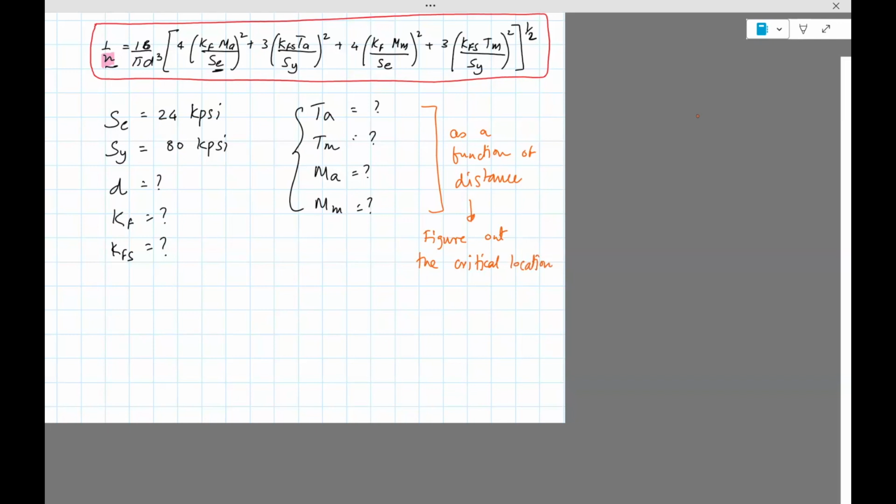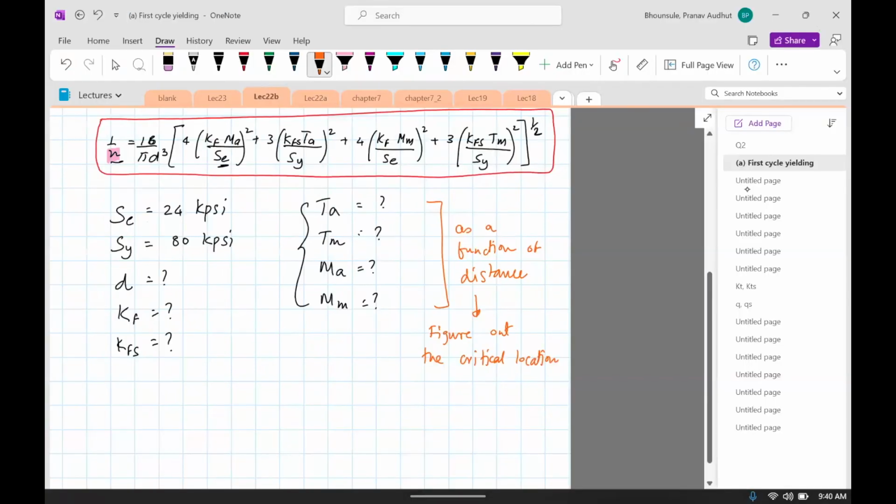That is the location where we have the maximum torque and maximum moment, which will then lead to high stress, and which will be the determining factor for the factor of safety. Okay, so we go back to what we've done in the past, which is drawing the free body diagram and evaluating torque, moment, shear force diagram, bending moment diagram, things like that. Okay, so let's do that.